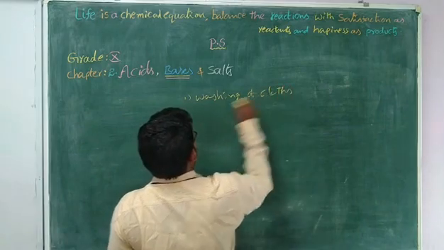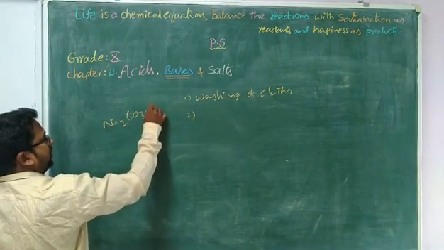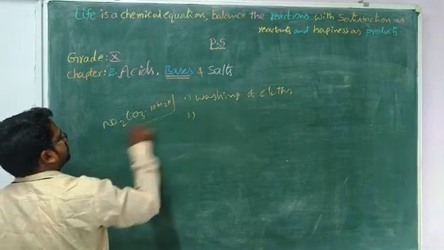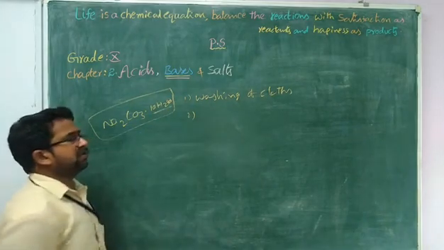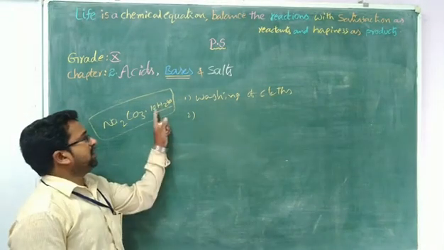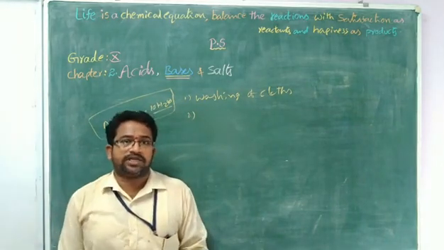Commonly it is written as Na2CO3, but the original formula is Na2CO3·10H2O, with 10 water molecules present in it. We will see what these water molecules are in an activity.